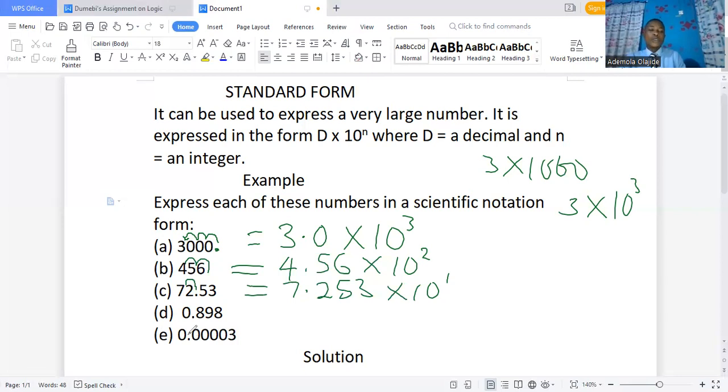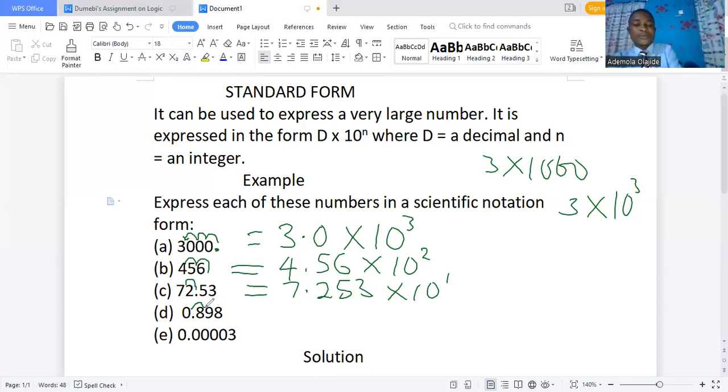Now what you do is, the decimal appears here. How many times do you have to jump before you move the decimal to behind the first non-zero digit? You can see that the movement here is not going backward, it's going forward.